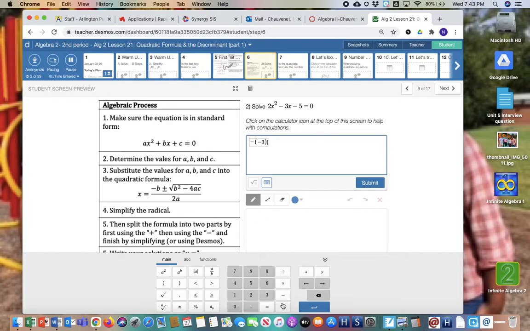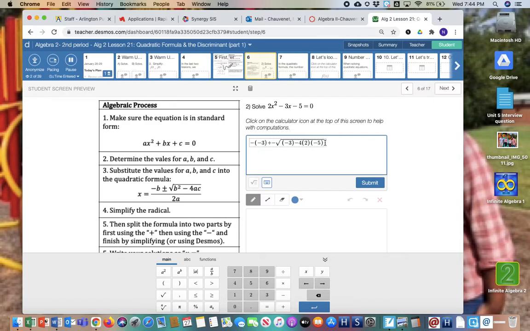Now my square root of parentheses, b squared, so b again is negative 3, close parentheses, minus 4 times the a value, which is 2, times the c value, which is negative 5.